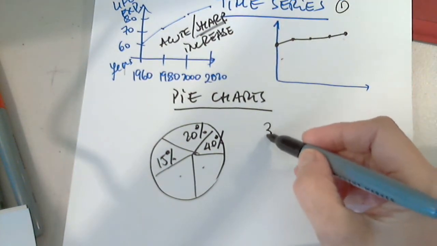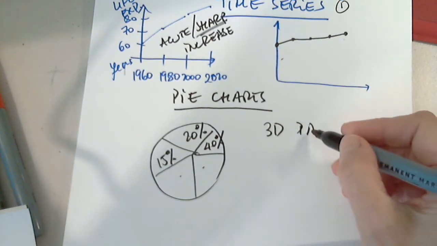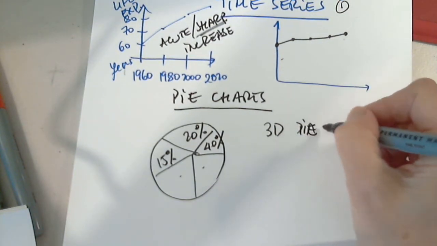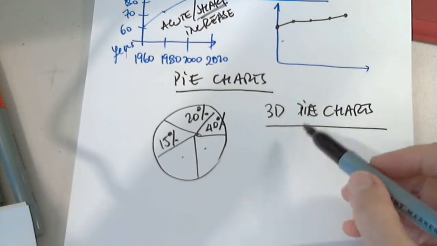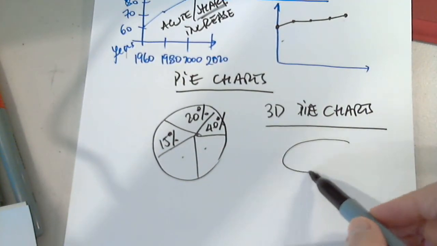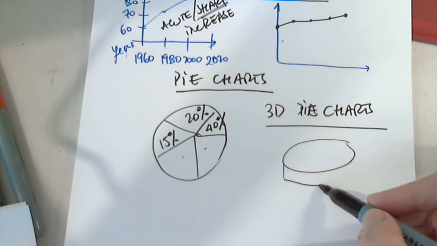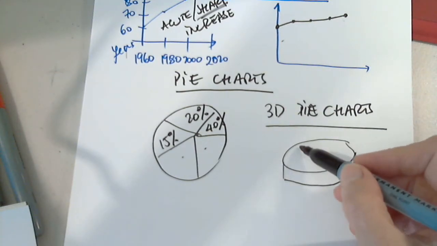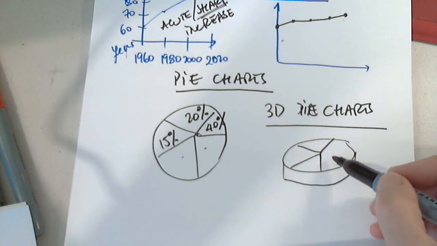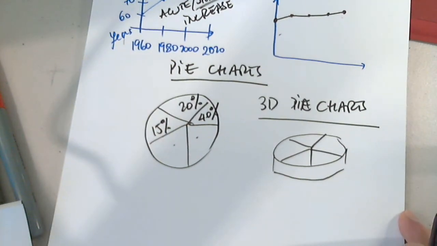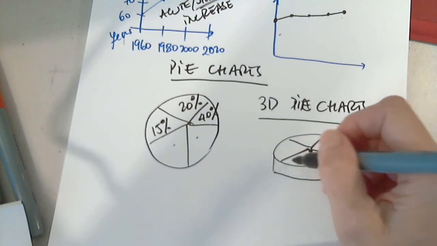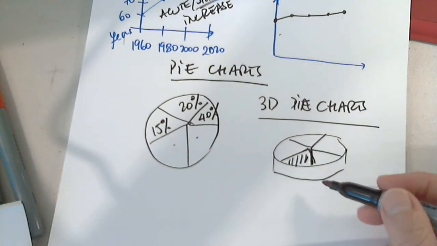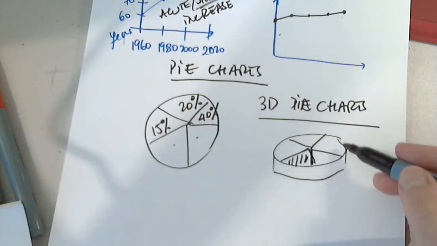Also, what is called the 3D pie charts. Those are even worse, because you will see something like this, and it will be very difficult to determine, right? It's a 3D pie chart. So most of the time, the angle that is closer to us looks like it's bigger than all the other ones.